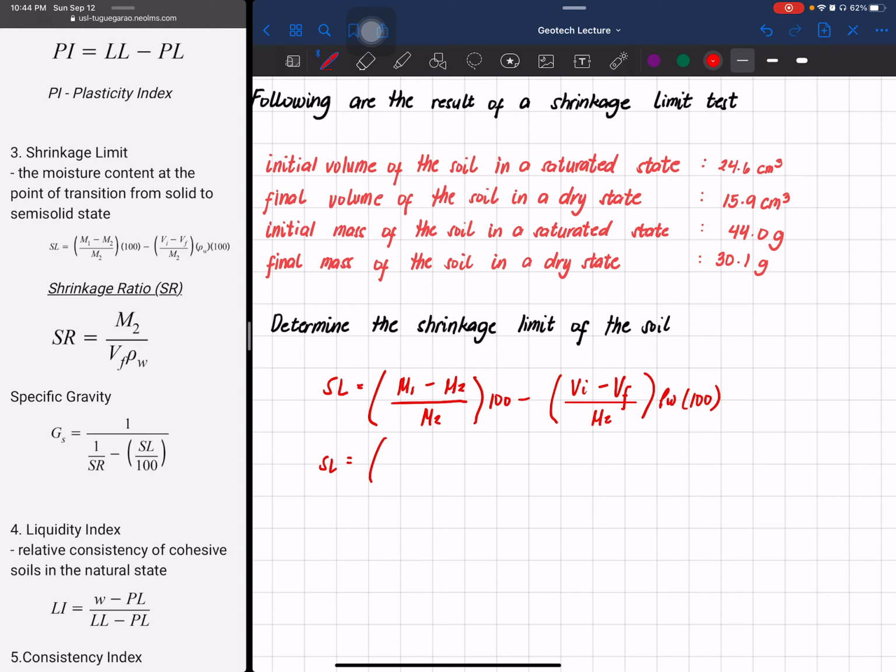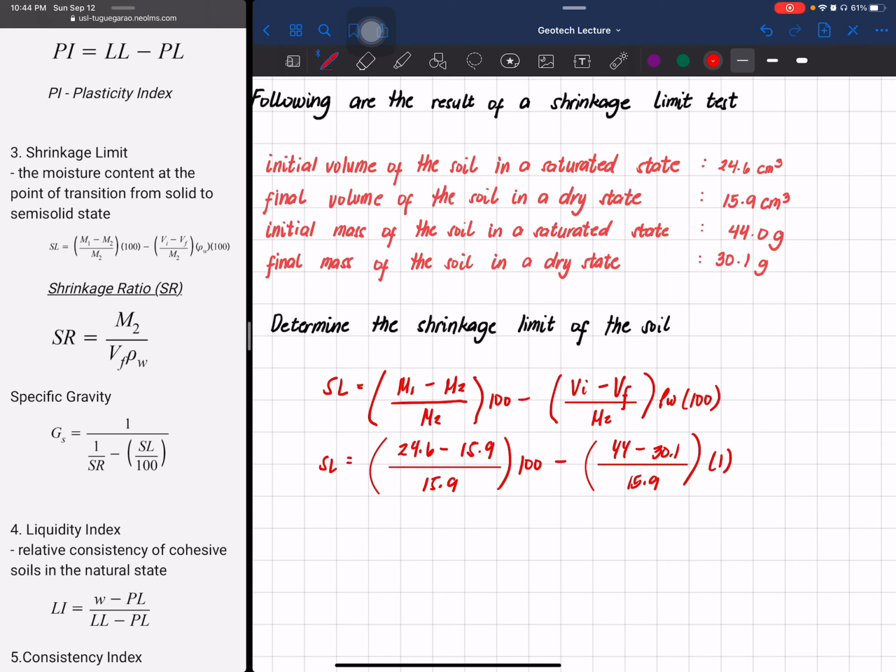Shrinkage limit is now equal to, what is M1 or the initial mass? That is 24.6 minus 15.9 all over 15.9 times 100 minus initial volume, that's 44, minus 30.1 all over M2, this 15.9, times 1.